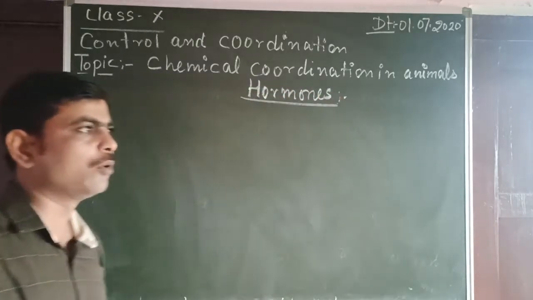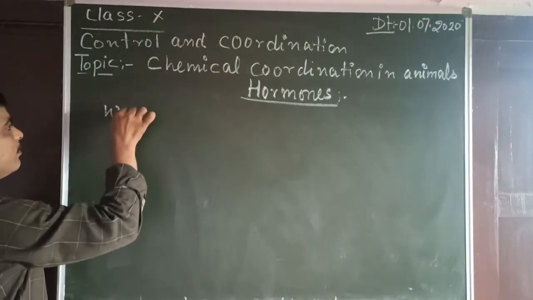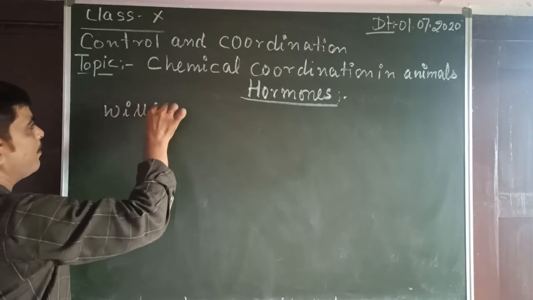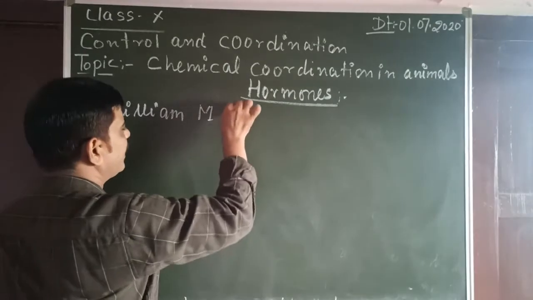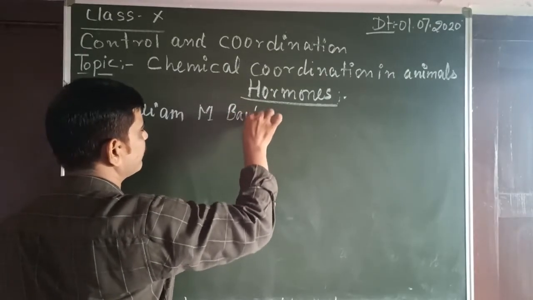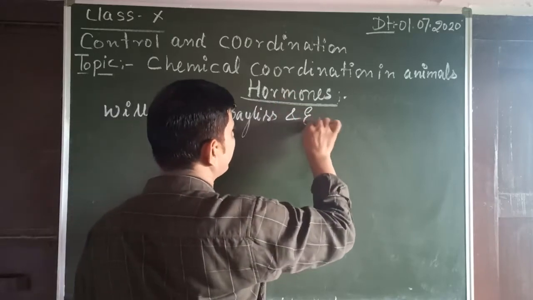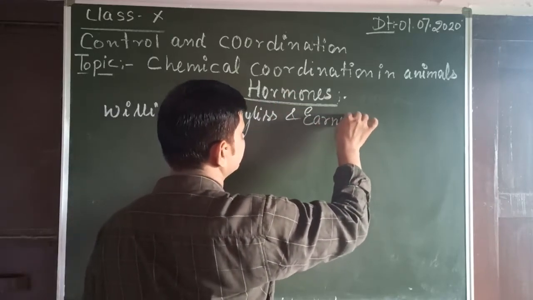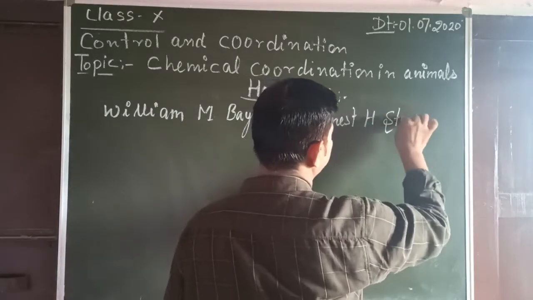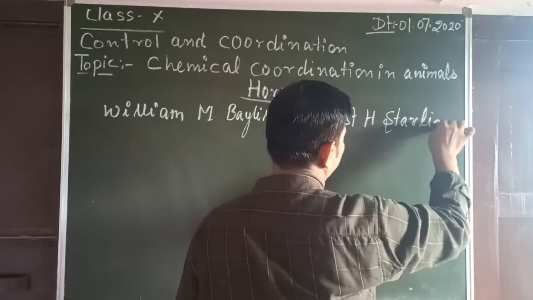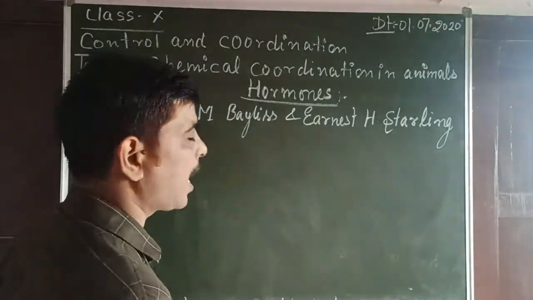The term hormone was first introduced by William M. Bayliss and Ernest H. Starling. These are the scientists who first introduced the term hormone.